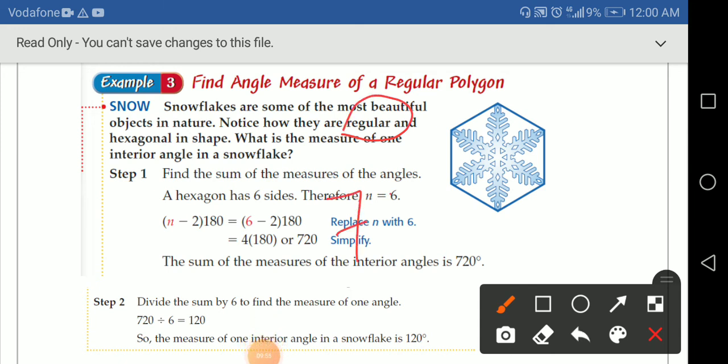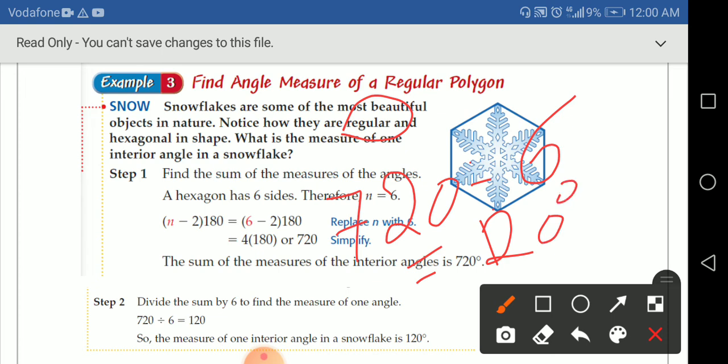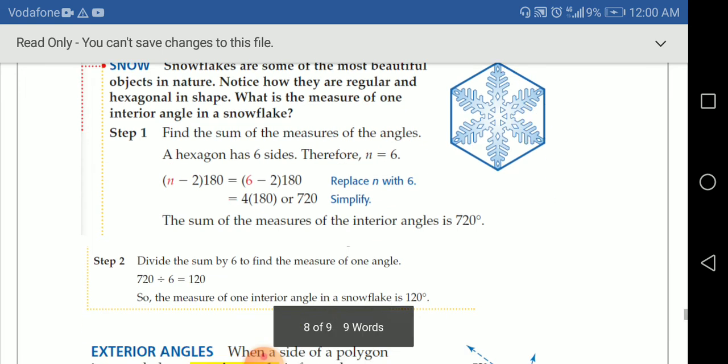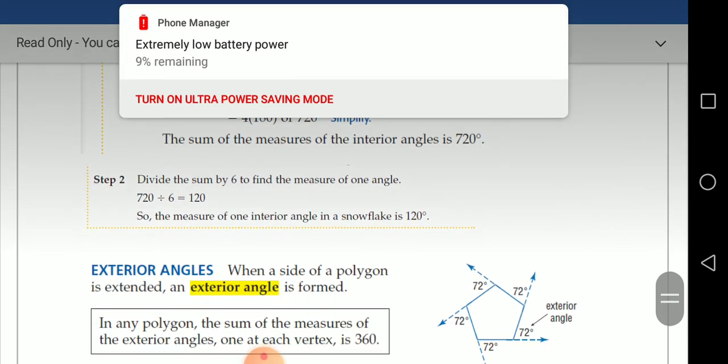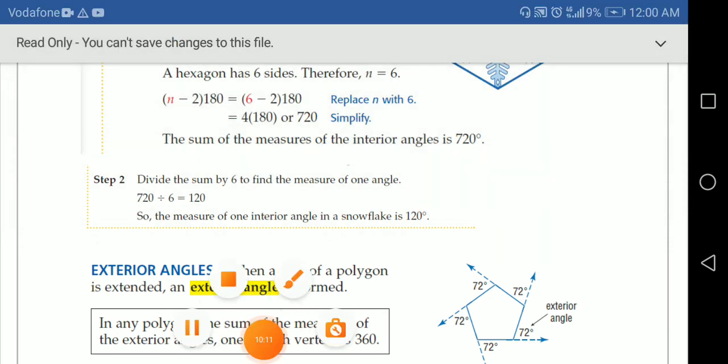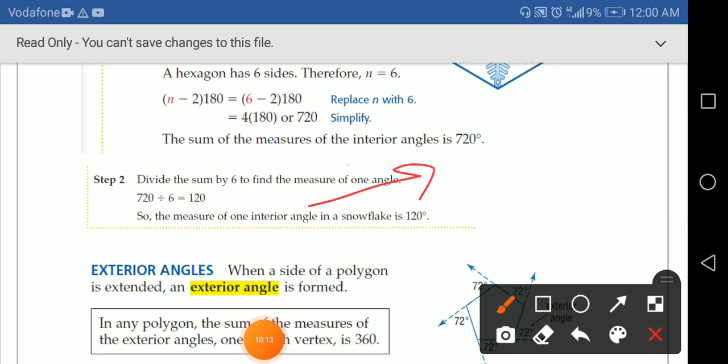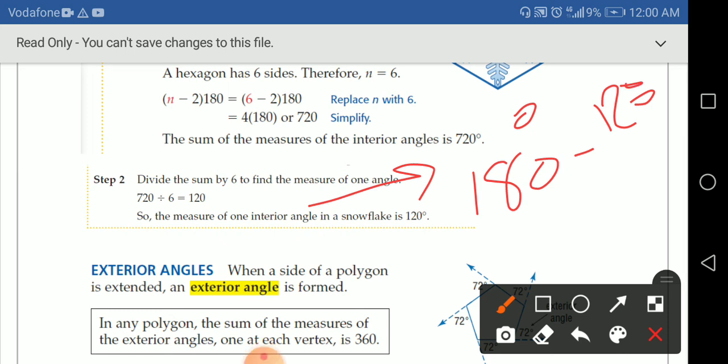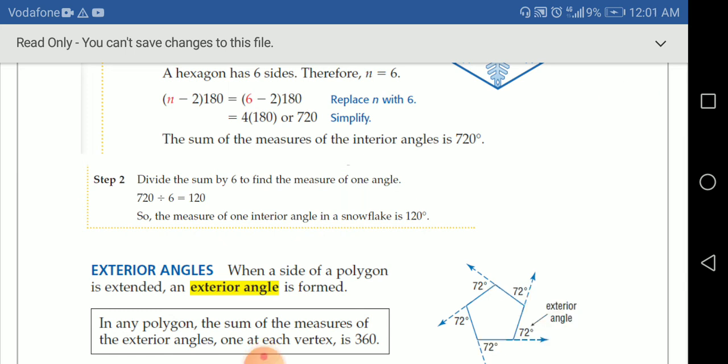So I will say 720 divided by 6 angles. It will give you 120 degrees. So the measure of just one of the interior angles is 120 degrees. Okay guys, remember, if I ask you about the exterior angle of this one, 180 minus 120, because the sum of them is 180, so you got 60, right?